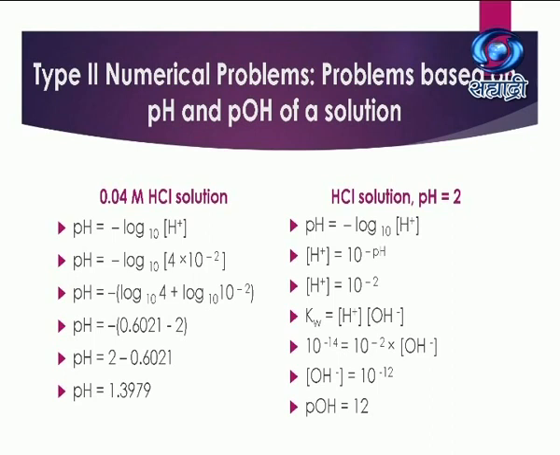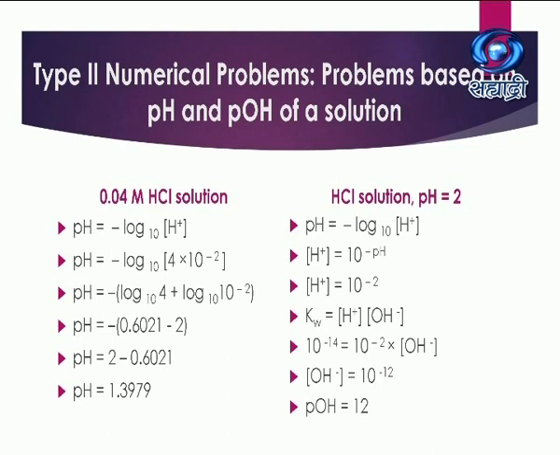So finding pH by knowing the concentration of H plus ions is very simple and very systematic. Just use the formula as it is and go on simplifying. Now in the second case, an HCl solution is given whose pH is equal to 2. Now you have to calculate the corresponding H plus ion concentration. Using the definition, pH is equal to minus log to the base 10 of the molar concentration of H plus.